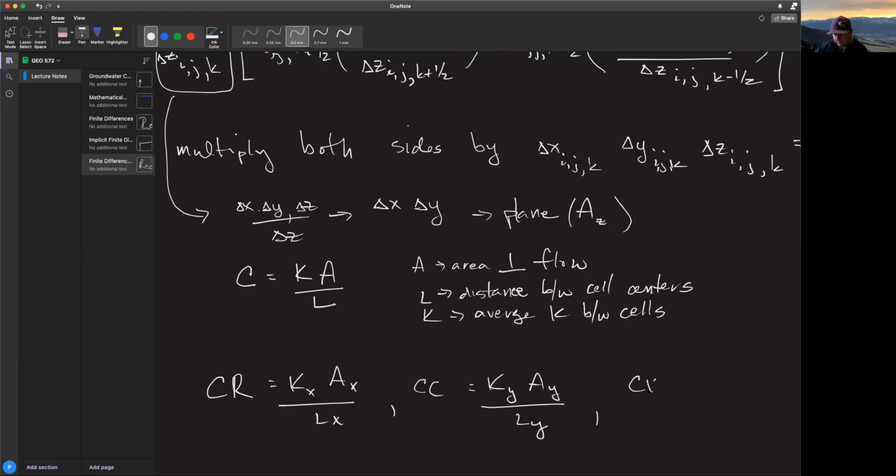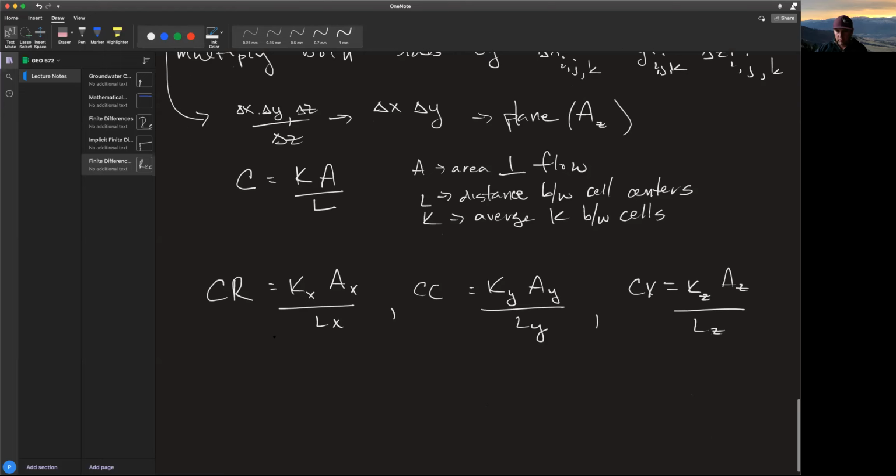And C sub V is equal to Kz Az over Lz. All right, so if I do the multiplication by volume on both sides, I separate each term out, and I use these definitions here.